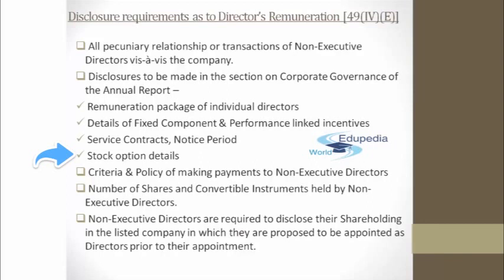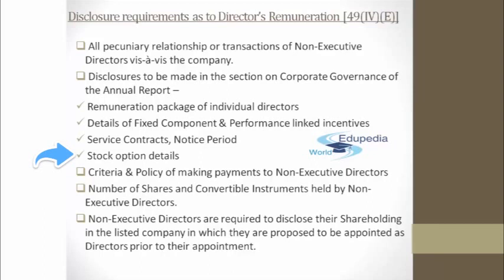Google, Microsoft, Dell, these are companies which don't pay their personnel a heavy fixed salary component. They are companies which provide a lot of stock options to their directors. So the stock option details, if any, whether issued at a discount, as well as the period over which they will accrue and over which they will be exercisable, need to be disclosed in the annual report itself.